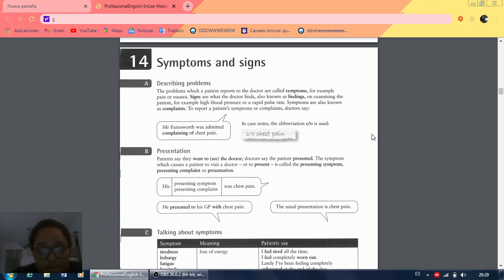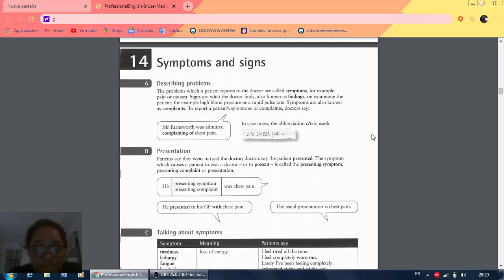Symptoms and signs. Describe the problem. The problems that patients report to the doctor are called symptoms. For example, what nurses see, what the doctor finds on examining the patient, are signs.